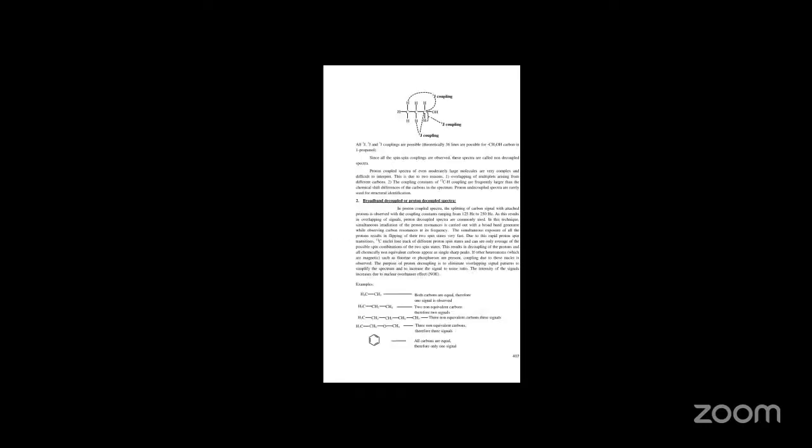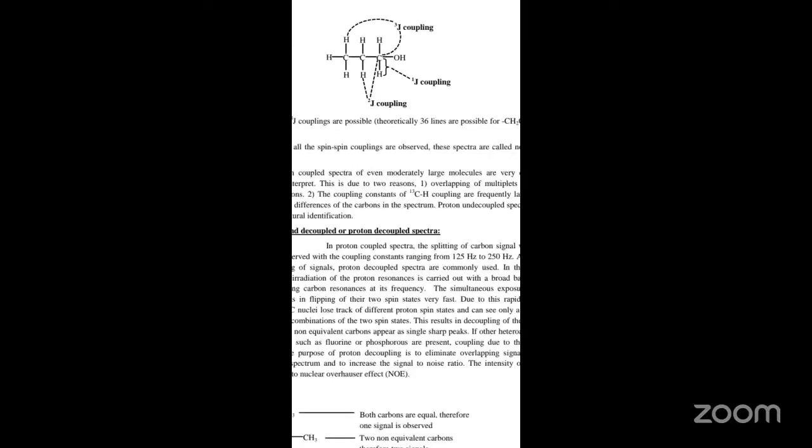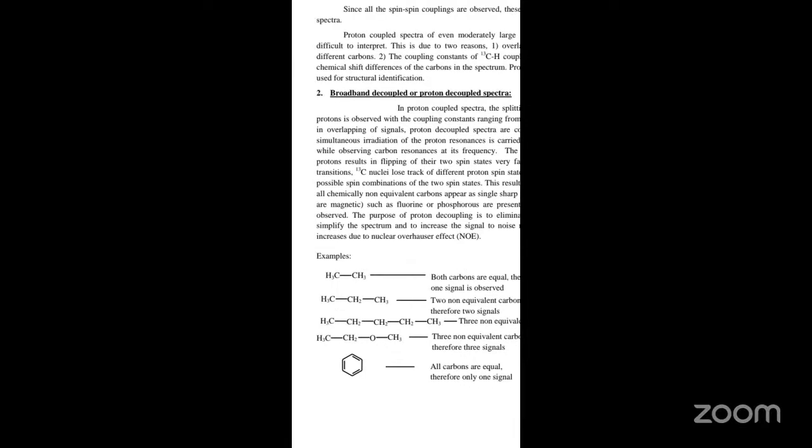So these are the various types of C13 spectra here. In the undecoupled spectra, the carbon-carbon coupling is observed, and here you see the coupling of the carbon with the neighboring carbon, so this carbon-carbon coupling gives multiplet signals. And in the broadband spectrum, the carbon is coupled with the protons, and we get the signals according to the protons directly attached to the carbon.